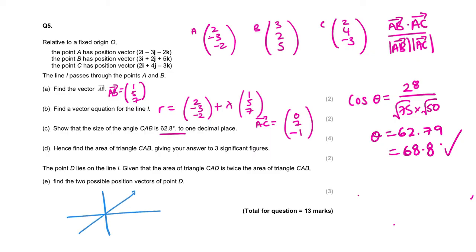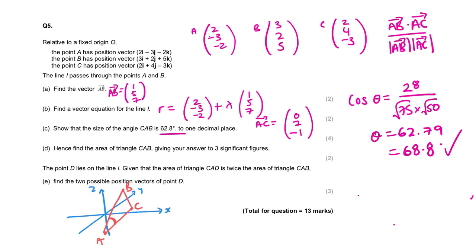Y, X, Z. A is (2, -3, -2), B is (3, 5, 5), C is (2, 4, -3). So we know the direction vector A to B, and the direction vector A to C, and we found the angle. Hence, find the area of the triangle.